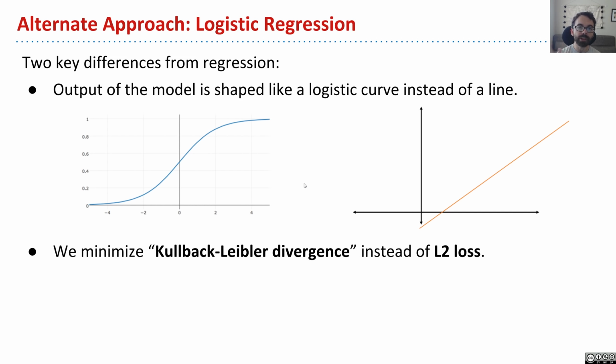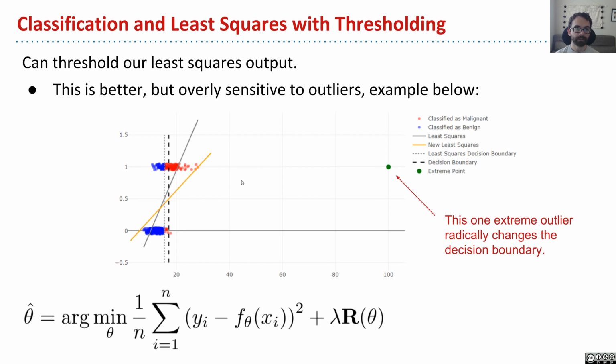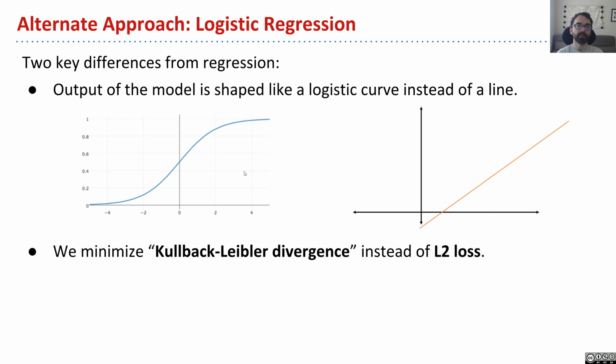Well, there were two changes we made, right? So instead of just doing a regular linear regression, we first said instead of having our model output a line, basically, that is linearly dependent on our features and on our parameters, we're instead going to have it be shaped like a logistic curve, like this.